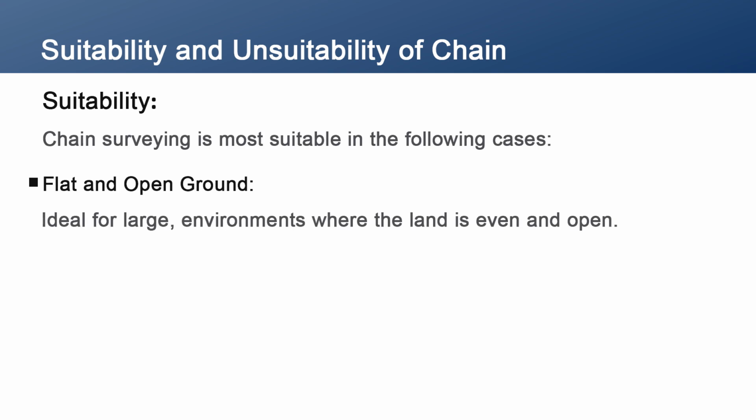So, having understood the importance of land surveying, the next question is, what are the situations where chain surveying can be a suitable choice? First is flat and open ground. Imagine surveying a large flat field with few obstacles. Chain surveying is perfect for such environments where the land is even and open.